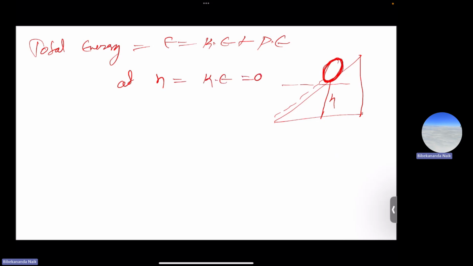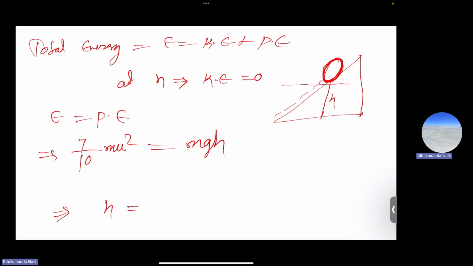Kinetic energy is 0 because it went up to h only. Total energy is 7 by 10 mu square, and the potential energy is mgh, where h is the height it went up to. So h is equal to 7 mu square divided by 10 mg.